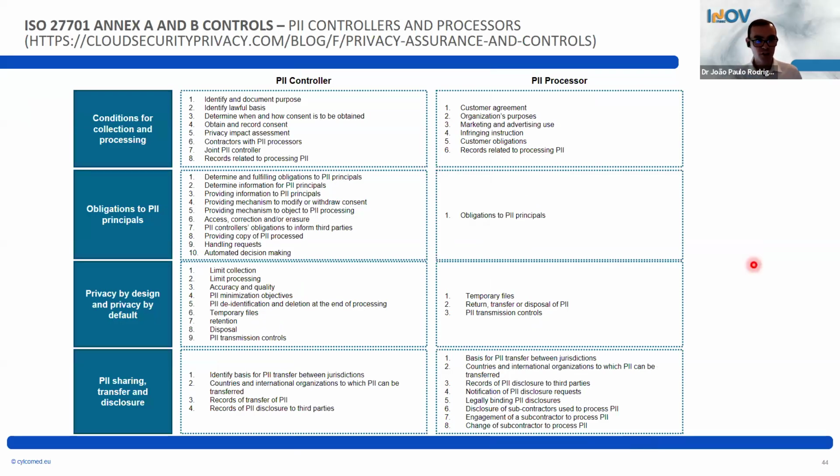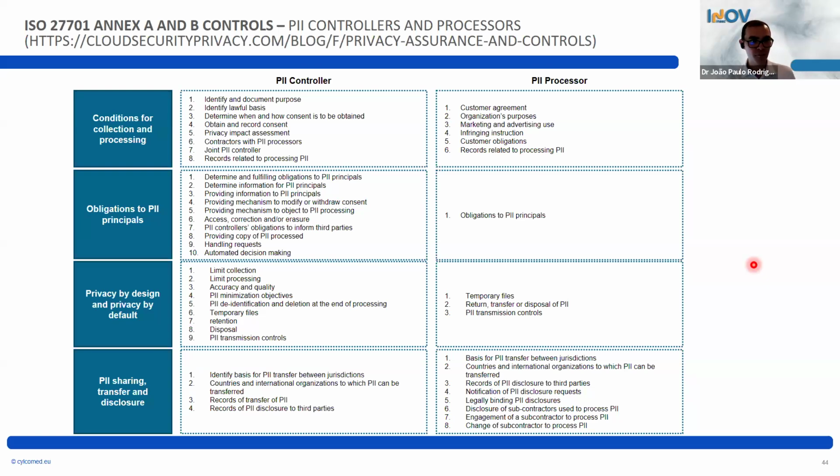And this standard also has two annexes, Annex A and Annex B, with controls for the PII controllers and controls for the PII processors. It is organized by conditions for collection and processing, obligations to PII principals, which are the owners of the data, the privacy by design and privacy by default controls, and PII sharing, transfer and disclosure.